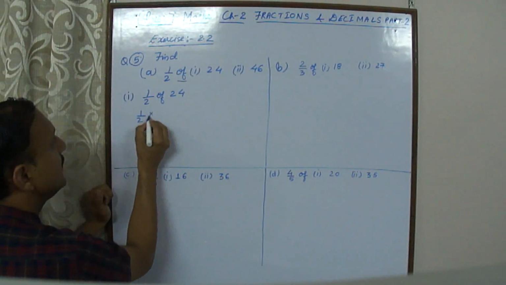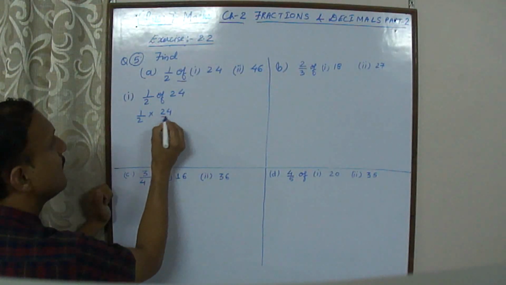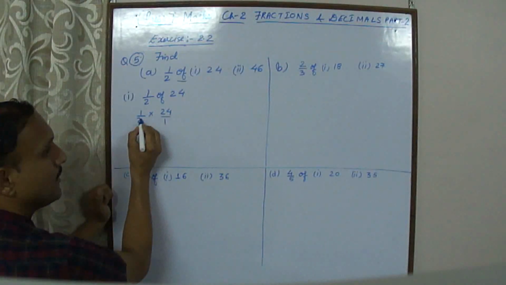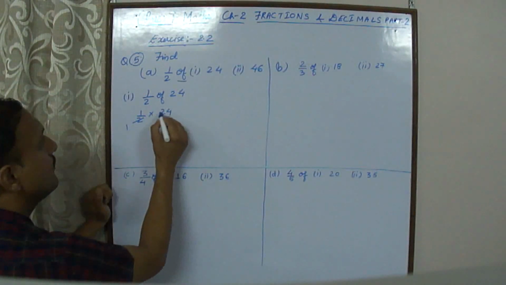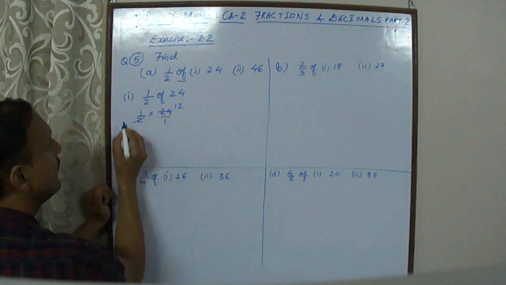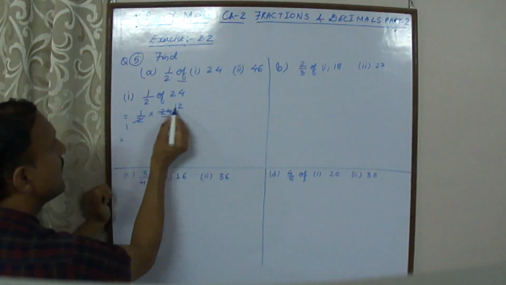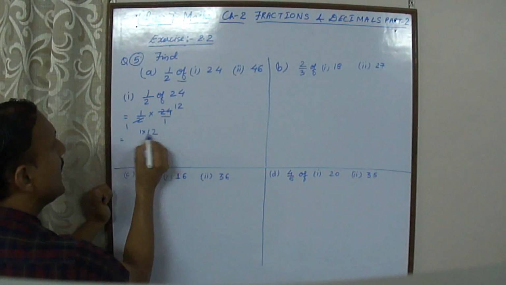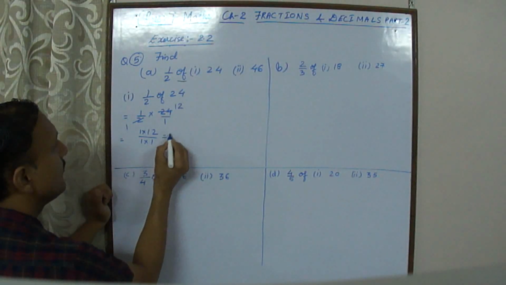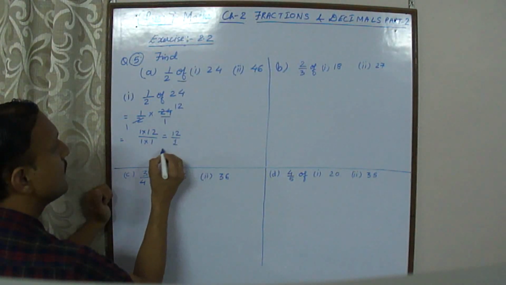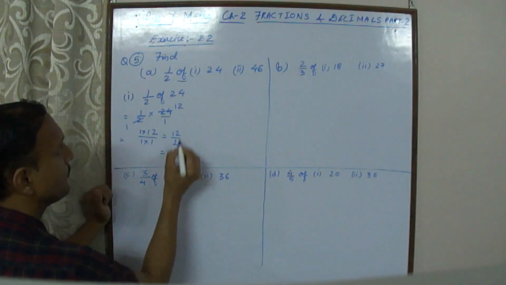Half of means multiply, 24 by 1 we can put. Now multiply, 2 ones are, or you can simplify first, 2 12s are. Now we can easily multiply, 1 12s are and 1 ones are. 12 ones are 12 and 1 ones are 1. 12 by 1 is 12.